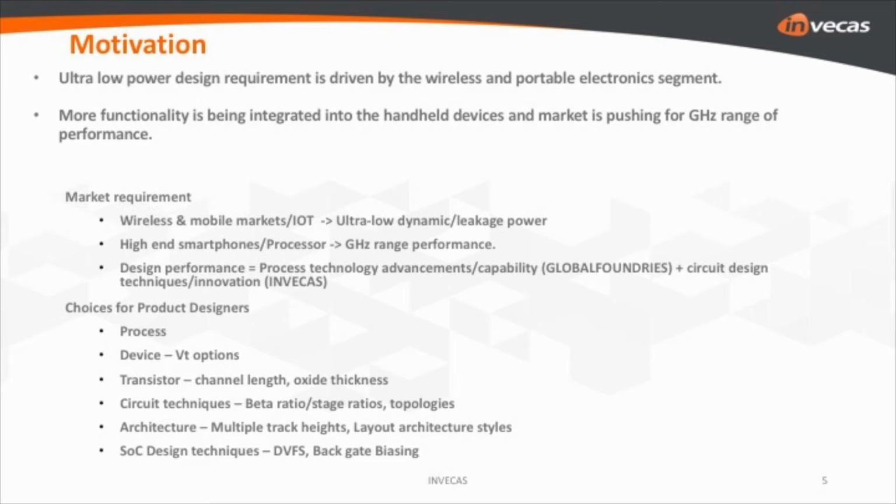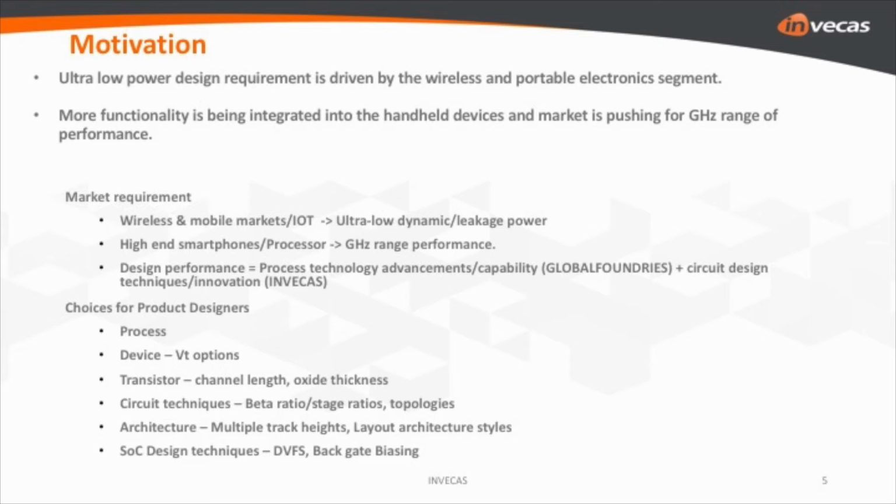The range that we have in the selection of devices to be used in the designs, the VT options, is tremendous. The transistors which are fabricated, the channel length, oxide thickness, and various circuit techniques and topology come into the picture, where beta ratio and stage ratios matter a lot when it comes to circuit design techniques.